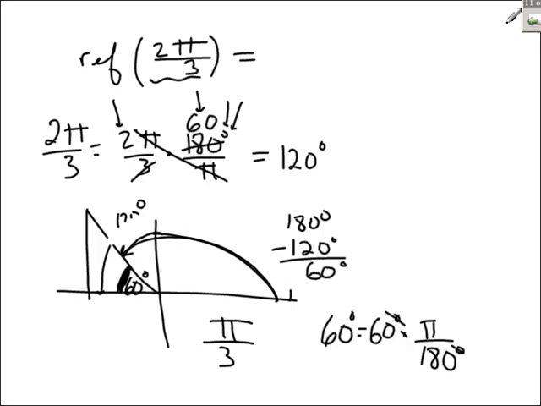The degrees cancel out top to bottom. 60 goes into 180 3 times. All that survived were the pi and the 3. Pi over 3, just like I said. You should know how to divide pi by numbers. It'll make life easy. That's why I think it's good to review that.